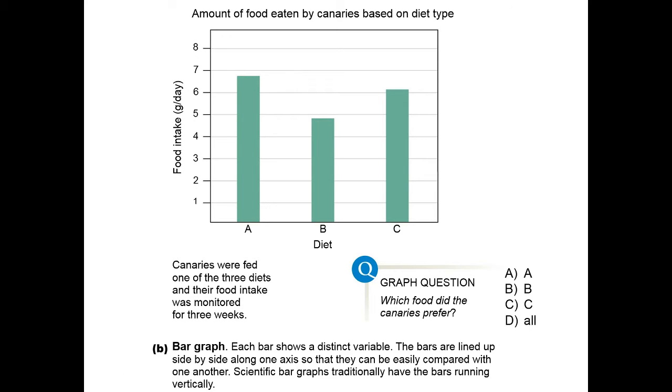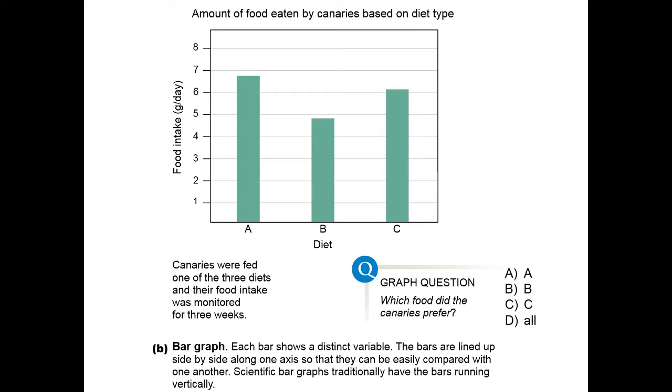So this is just a good example of why it's important to be careful of what conclusions you make based on the results, and making sure you have proper controls. If these diets, A, B, and C, all have the same amount of nutrients, then we've controlled for the amount of nutrients, and we can more clearly conclude that canaries prefer diet A.